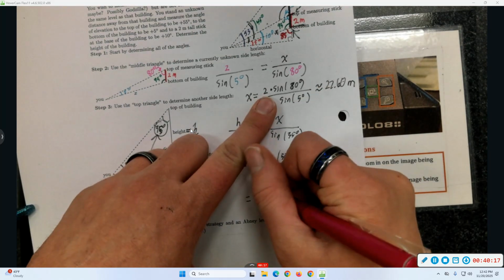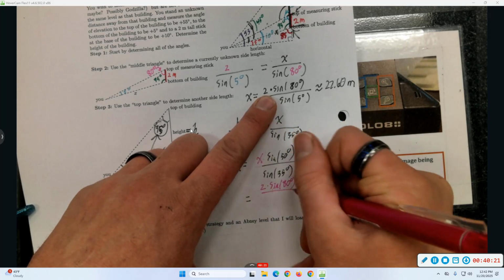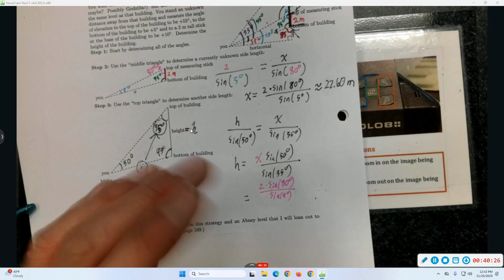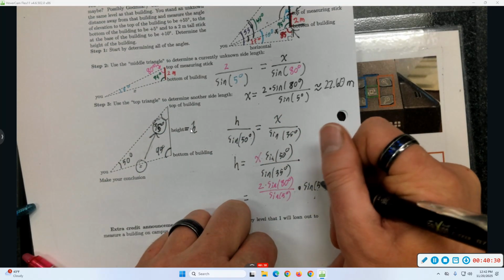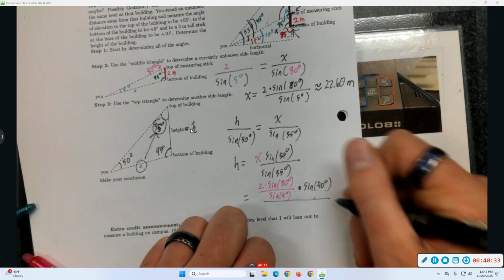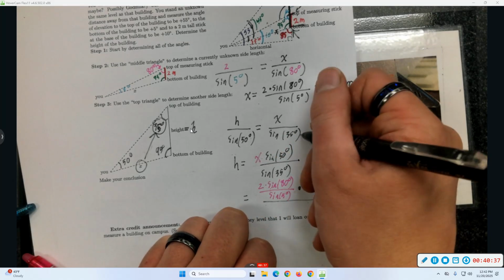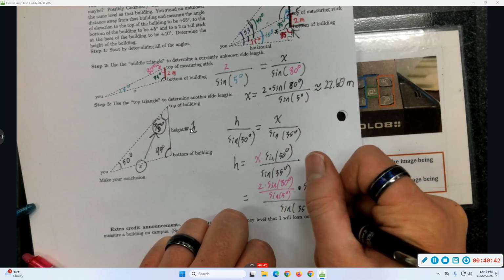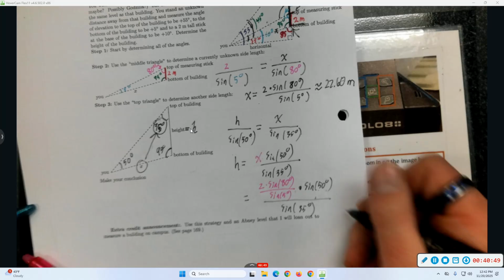X is 2 times the sine of 80 degrees divided by sine of 5 degrees, all that multiplied by sine of 50 degrees, all that divided by sine of 45 degrees. I just want to try to simplify it from there. Yeah, so let's simplify from there.